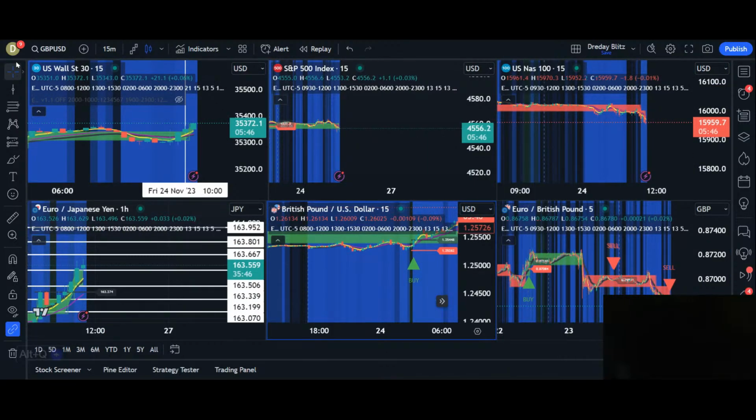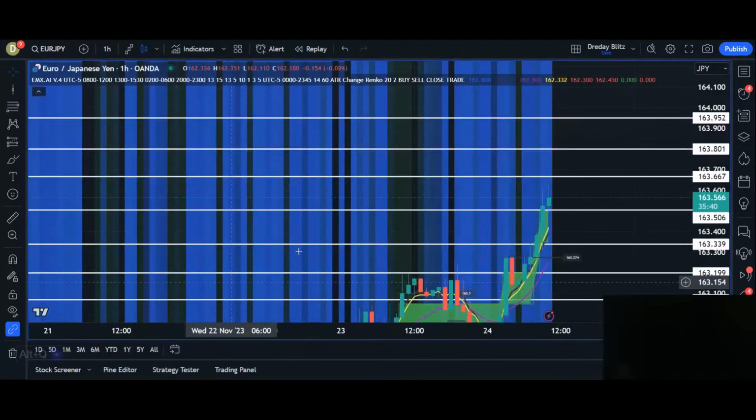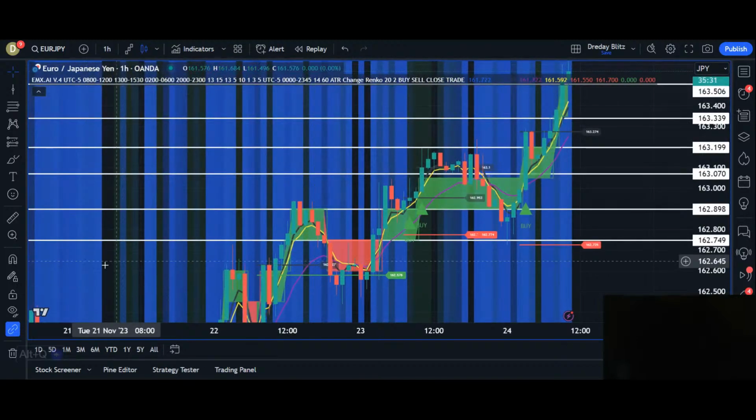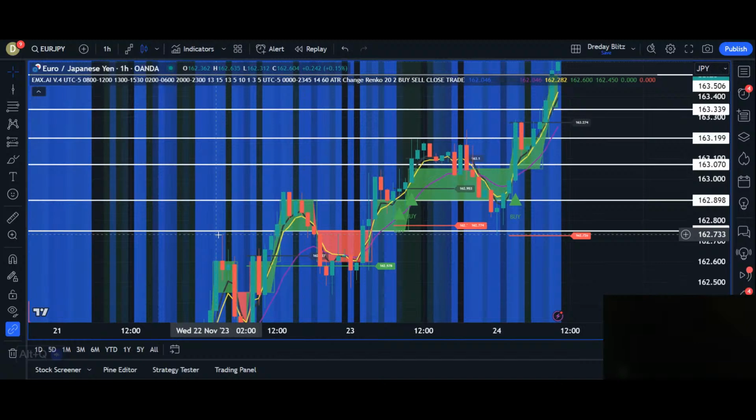And let's look at the Euro. Euro is bullish too. Okay. But if you separate the two, the British pound is stronger than the Euro right now. But anything Euro related will be bullish.